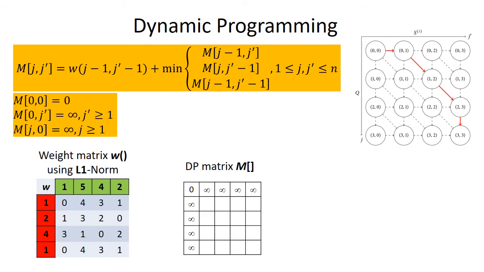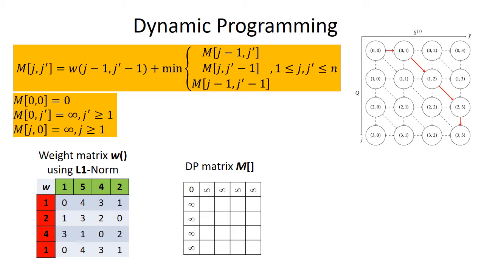The cost of the optimal warping path can be computed by dynamic programming. Here we see the recurrence relation of the dynamic programming computation, where you compute a two-dimensional matrix M, and the value at position i,j in this matrix can be computed by choosing the minimum of the left neighbor and upper left neighbor, and adding the weight at that position to this minimum.